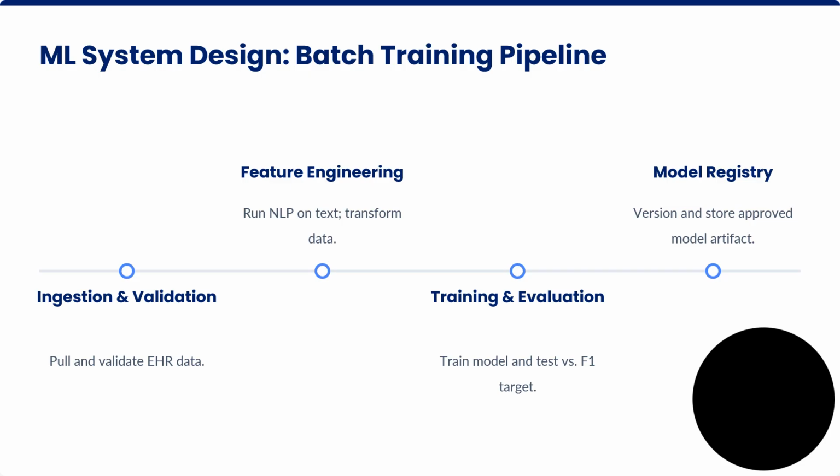The architecture is defined by 5 key strategies, first being data ingestion and validation from the electronic health record system, then feature engineering, where natural language processing transforms unstructured text into embedding features, then model training using our selected algorithm, and then evaluation, where performance is measured against the F1 score target, and then finally model registry, which stores the successful model artifact with full versioning and metadata ready for deployment.